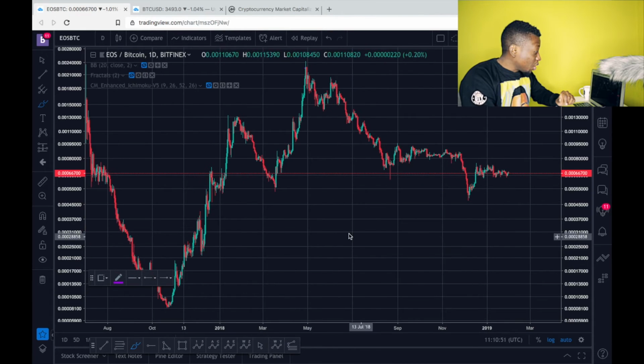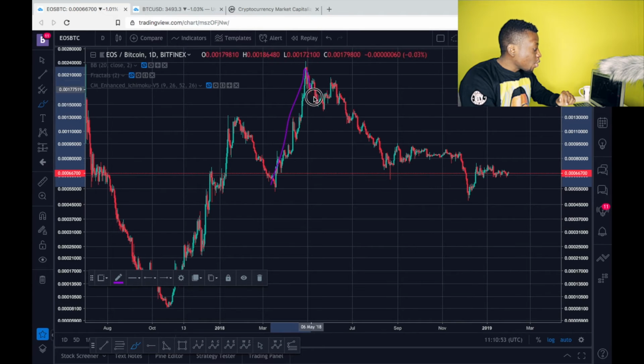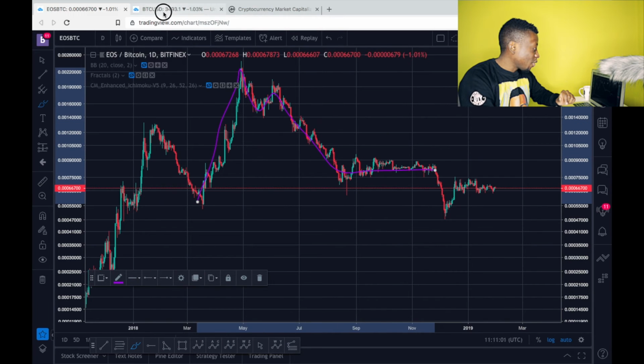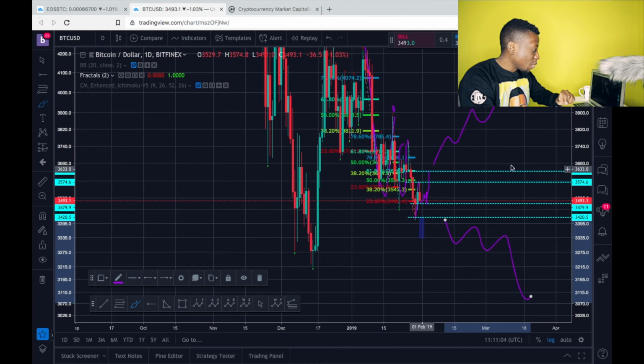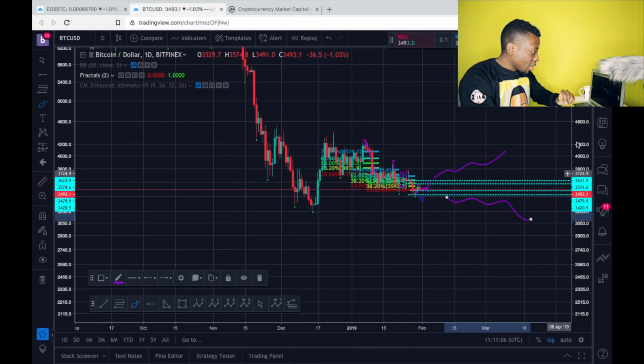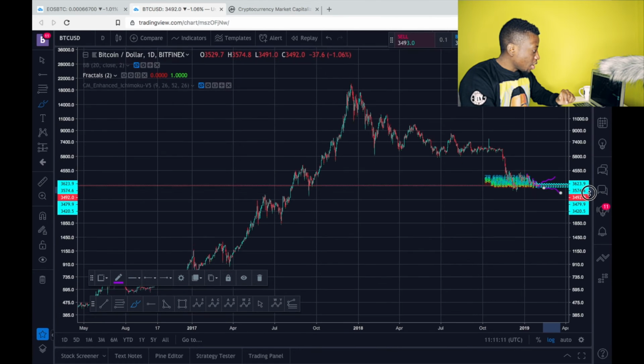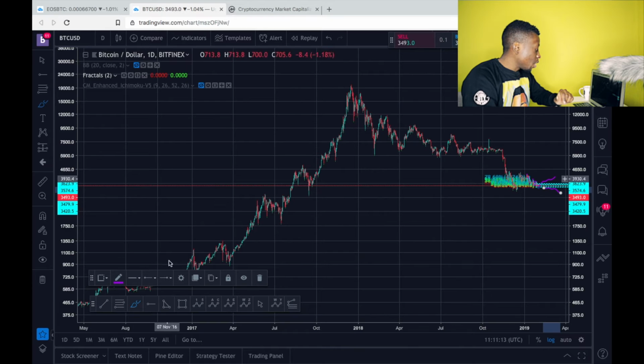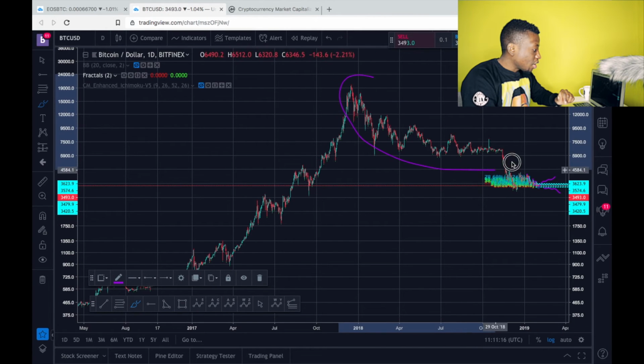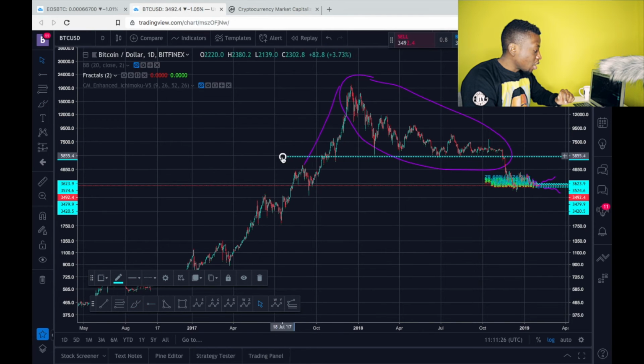Did you guess? According to my own observation, all this is very similar to one very important cryptocurrency, and it looks very familiar and very close to what we had with Bitcoin. As you guys can see, if I zoom out, this is pretty much the same thing happening with EOS. We had this upward momentum, then we had the corrective scenario happening, then we later on broke way below this price point.